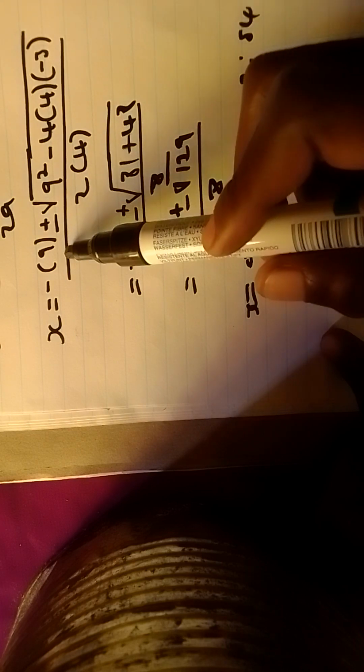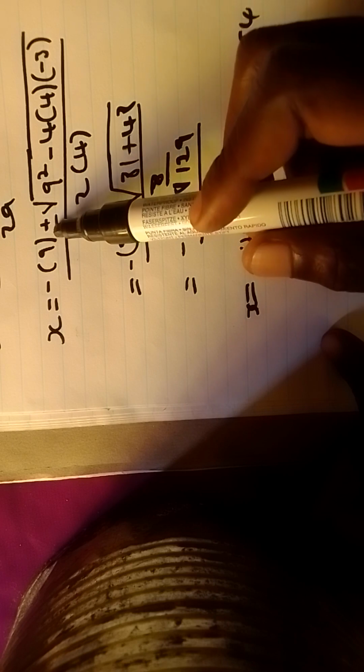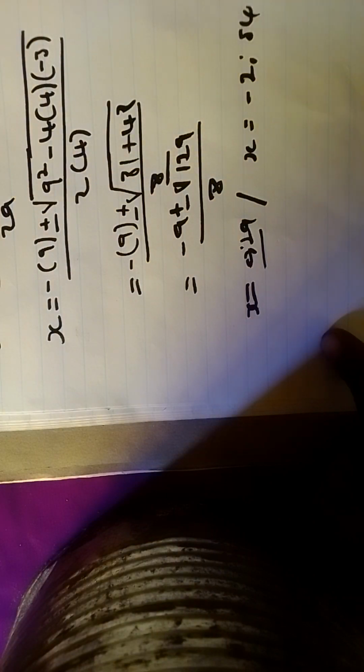That is your final answer. As you can see, sorry for not showing you how I did this one, but you can use a calculator. Even from here you just remove the negative sign, punch it on the calculator, get the final answer, then you put the negative and punch it in the calculator.